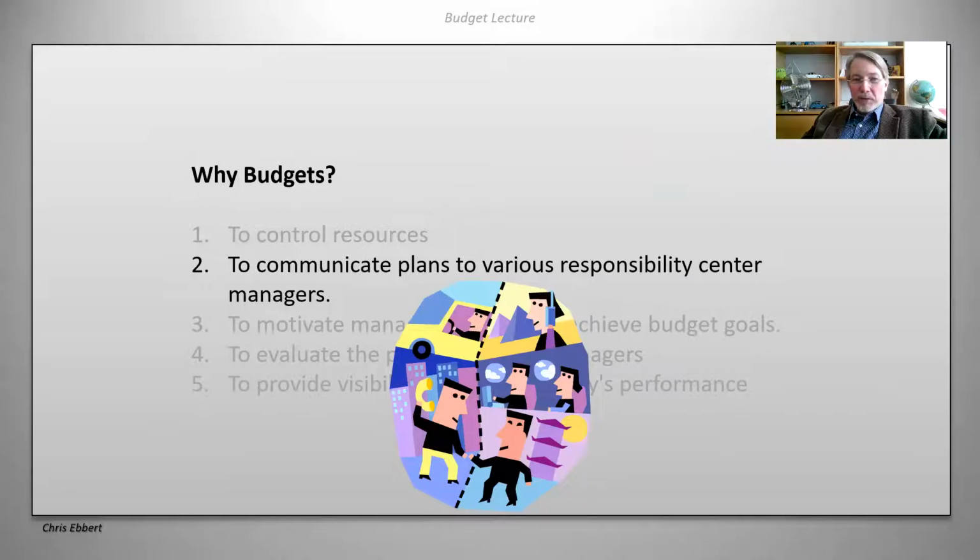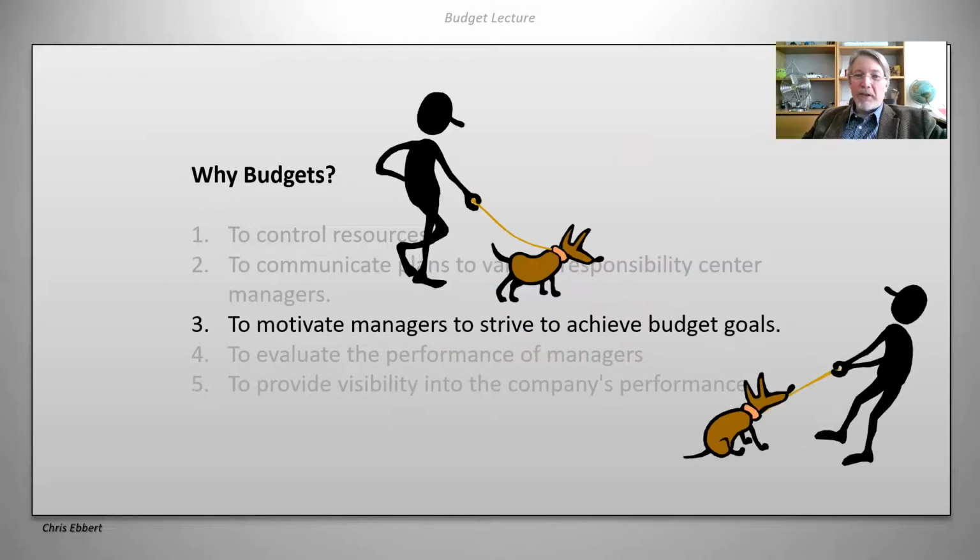We're also doing it in order to communicate our plans to other managers so that they can make their plans as far as they're affected. If there are other managers working under us or next to us or above us, this plan, this budget can also motivate them to write their budgets and their plans.